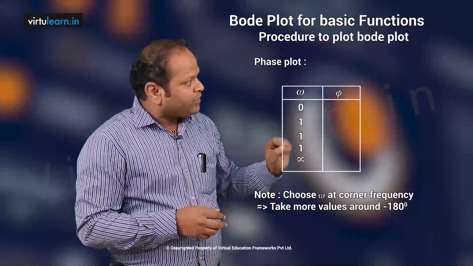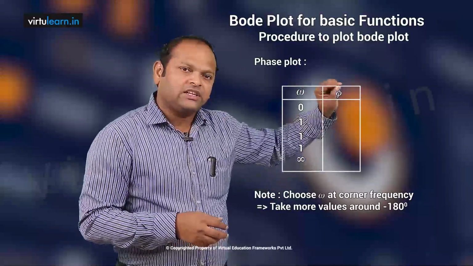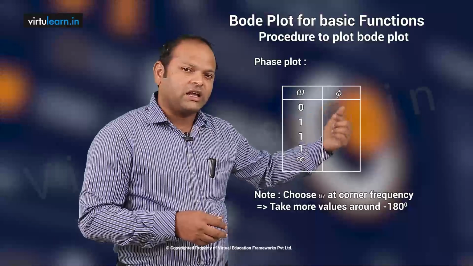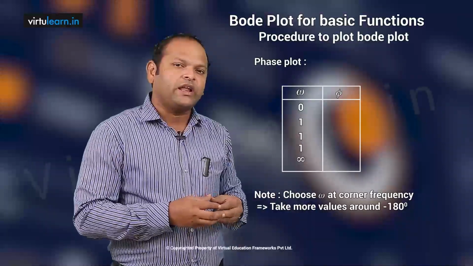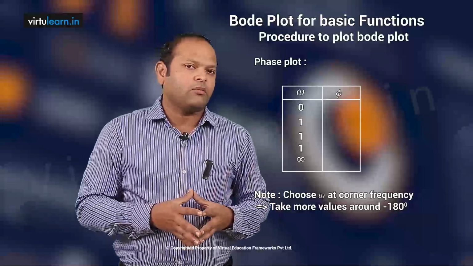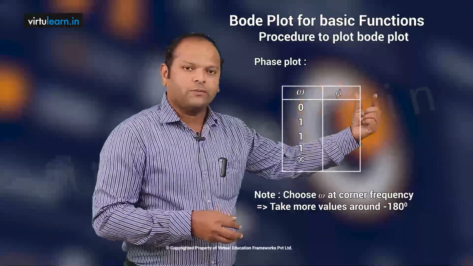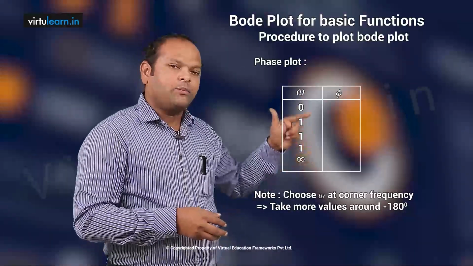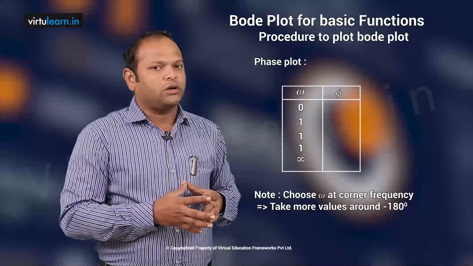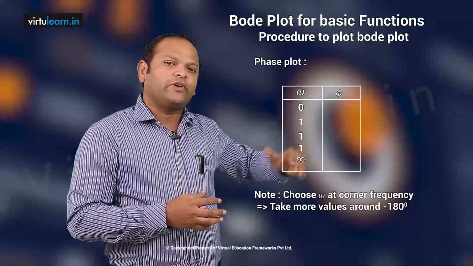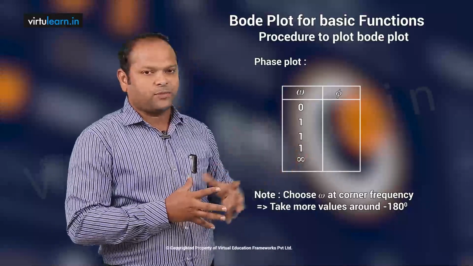And whenever the phase angle is changing around minus 180 degrees, take more values around minus 180 degrees. If you do that, the plot will be very smooth and you will get the values very accurately. This is the phase plot.